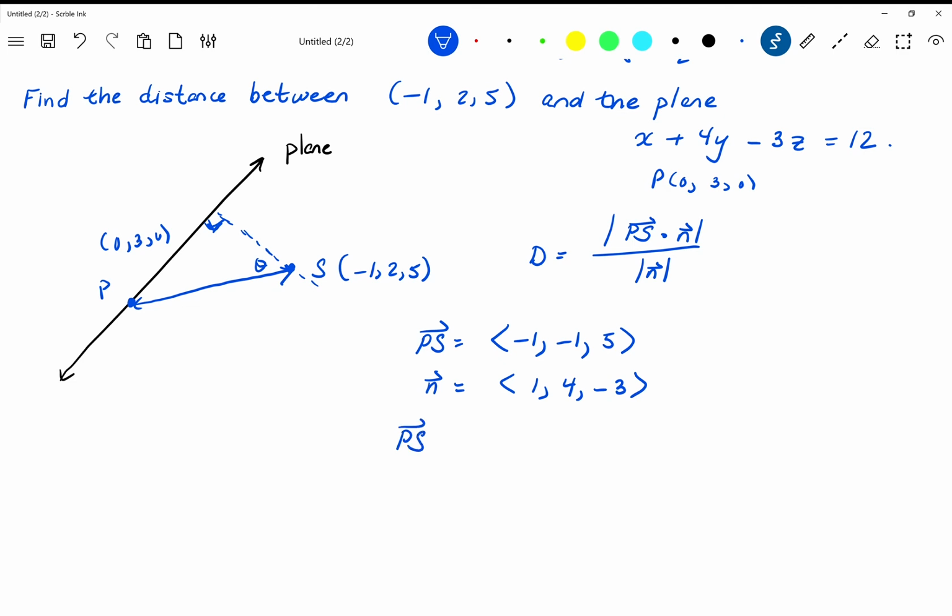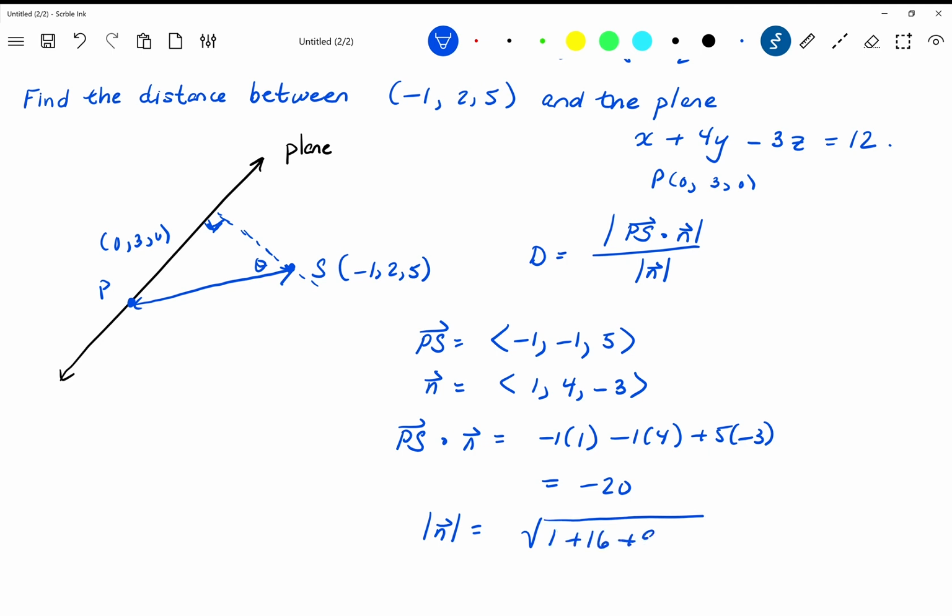Then PS dot n is equal to -1 times 1 minus 1 times 4 plus 5 times -3, which is equal to -20. The magnitude of n is the square root of the squares of the components added together: 1 plus 16 plus 9, which is the square root of 26.